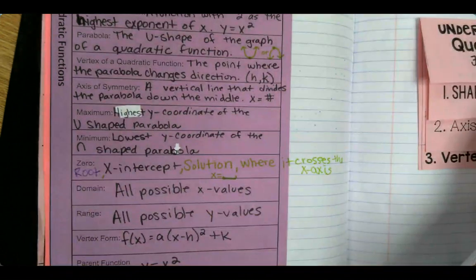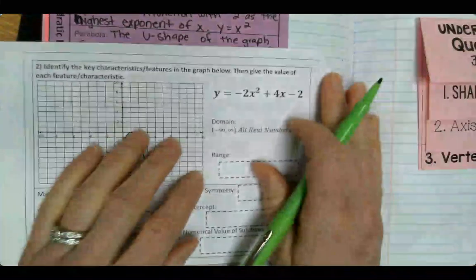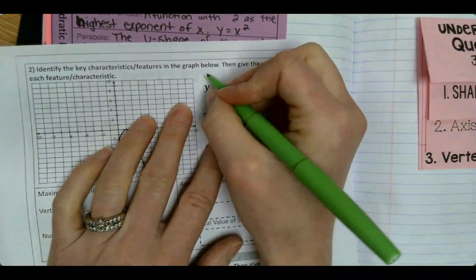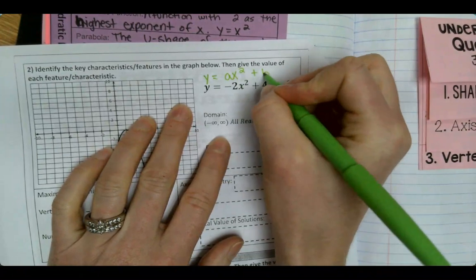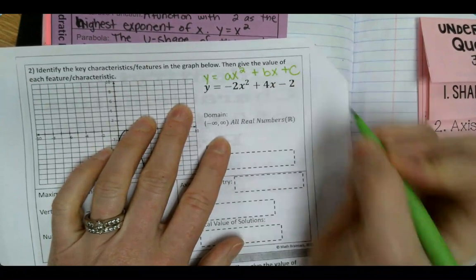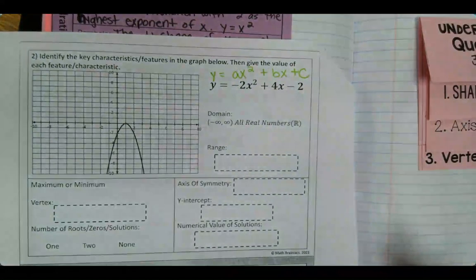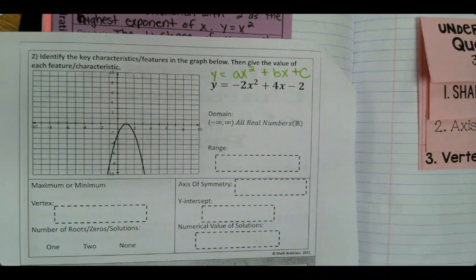So the quadratic function is y equals ax squared plus bx plus c. So go ahead and write it in that form. So it could be written in this form, which is called standard form.